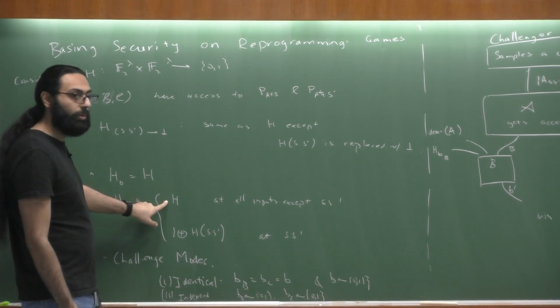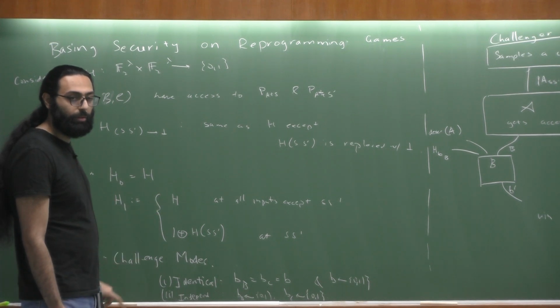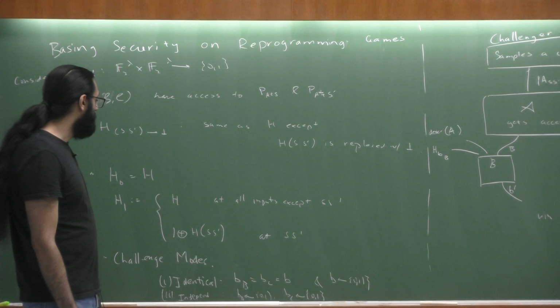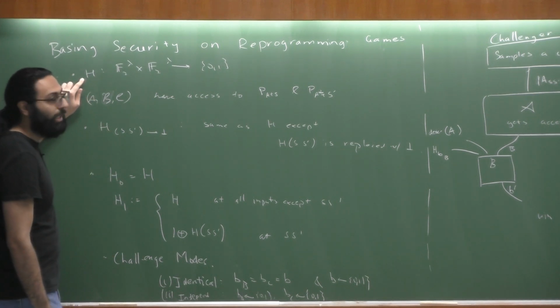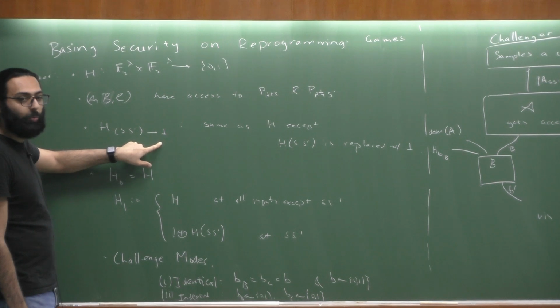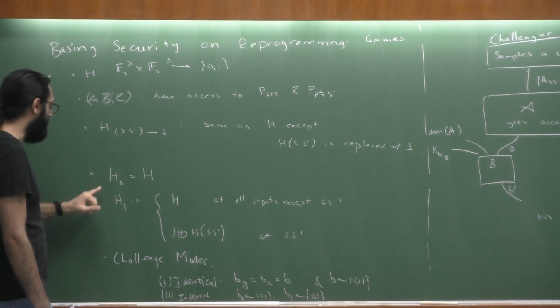H can never output perp, right? H is the original random oracle. H at SS prime also will not output perp. H cannot output perp. H sub SS prime going to perp can output perp exactly at that point.